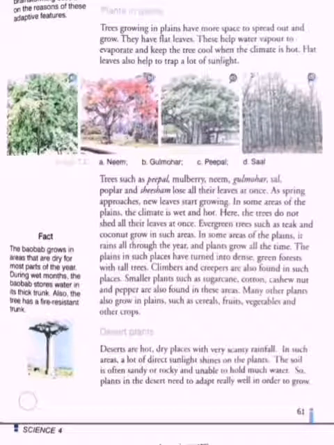See, as we all know, desert is a dry, hot area or region, and there is very little rainfall. Such areas are very bright, and very much sunlight falls on the plants, and that is why the soil is often sandy and rocky, and this type of soil is not good to hold water.